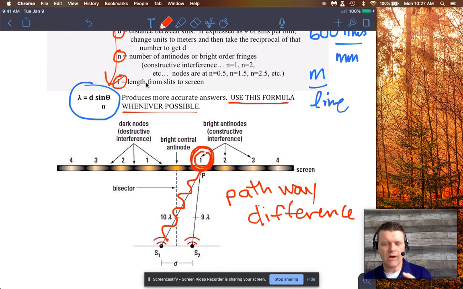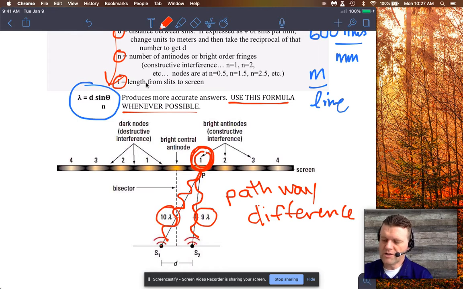Those wavelengths will arrive in phase with wavelengths coming from the second slit, or S2. In that case, there are only 9 wavelengths. Obviously, I didn't sketch exactly 9, but what you need to note is that you have 9 wavelengths here and 10 wavelengths here.